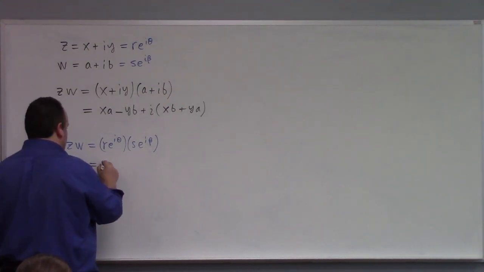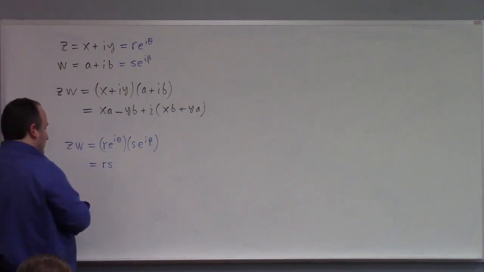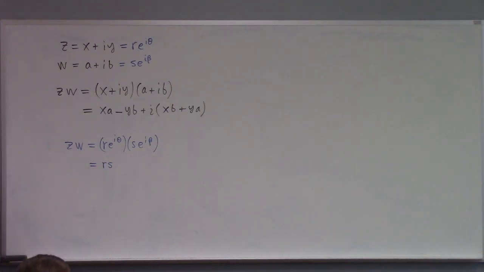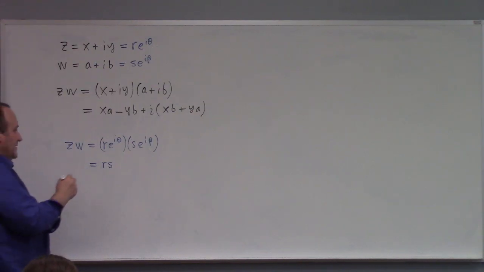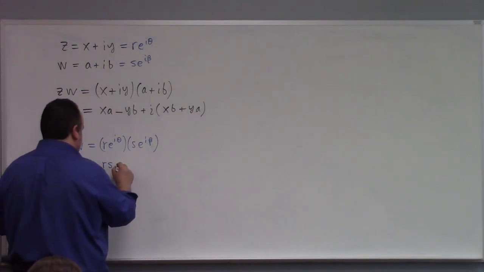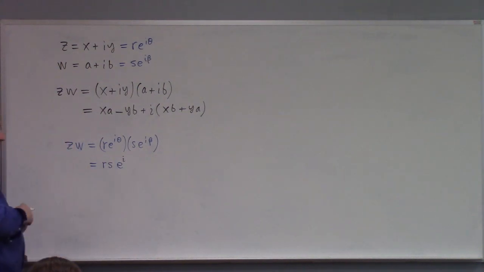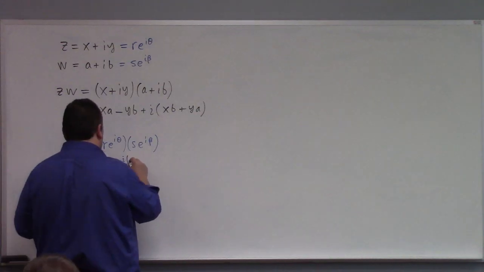They're the lengths of z and w respectively, right? How do you think it works if we do e to the i theta times e to the i beta? What is that? e to the i what? Care to guess? Very good. It is e to the i theta plus beta.